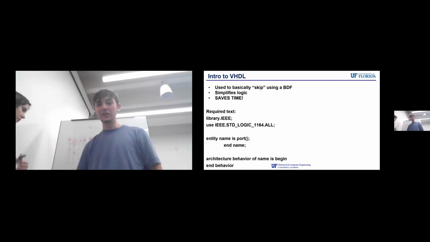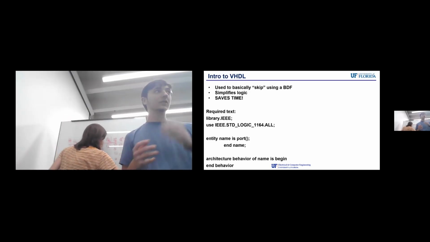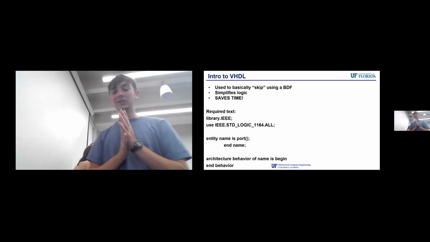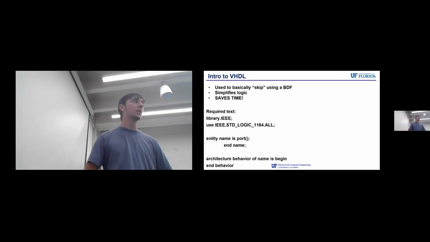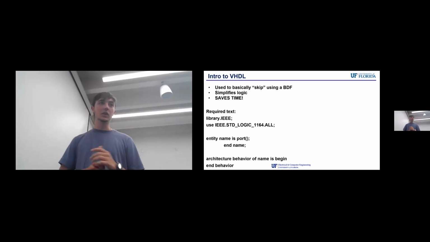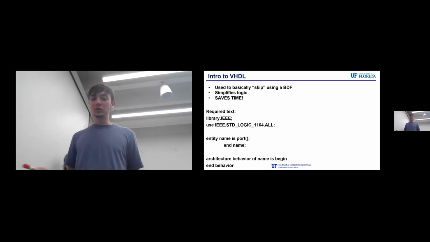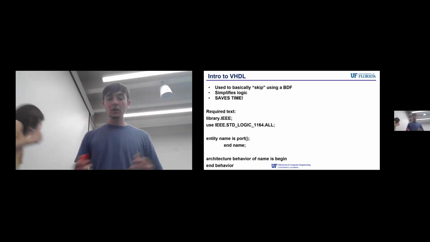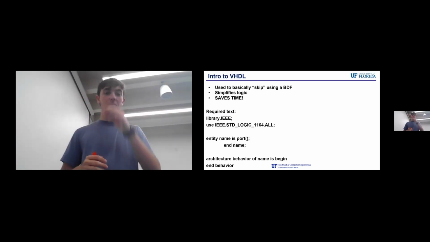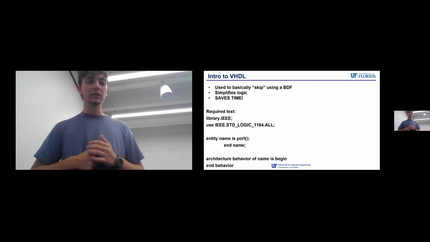So VHDL is basically a way to skip using a BDF and skip using hardware. It's really beneficial because you can save time overall with making your hardware. For instance, if I was to make a hex to 7 segment decoder, that probably took you a while in, I think, lab 3, but you can do it in VHDL really easily because it's just going to be a couple lines of code, and you'll actually do that in, I think, homework 10 or homework 11, something like that.